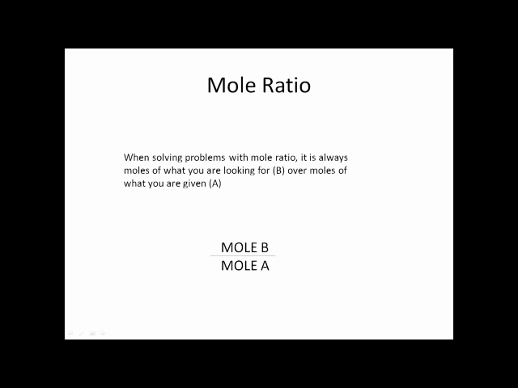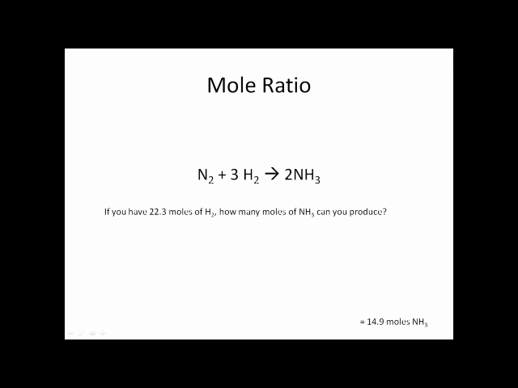So let's look at a practice problem for mole ratios. At the top of the screen, we have moles of A converting to moles of B. And once again, it's simply that mole ratio that we talked about on the previous screen.